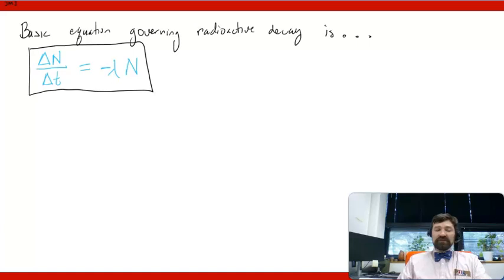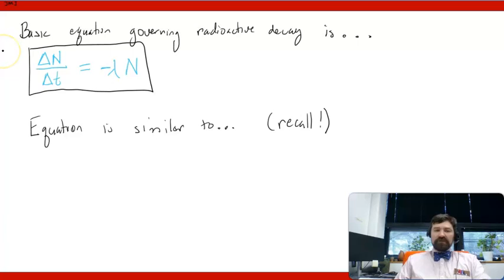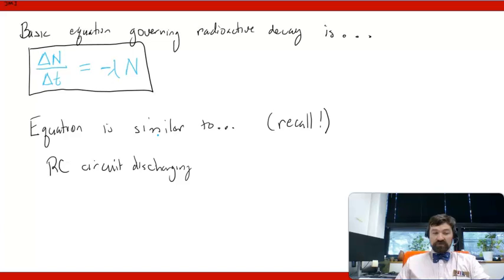this equation is very similar to some other ones that we've seen previously this semester. You may recall that for an RC circuit, which is discharging, so the capacitor is discharging through the resistor, the charge on the capacitor is related back to the current that is being used to discharge it, basically by using the Kirchhoff loop rule.